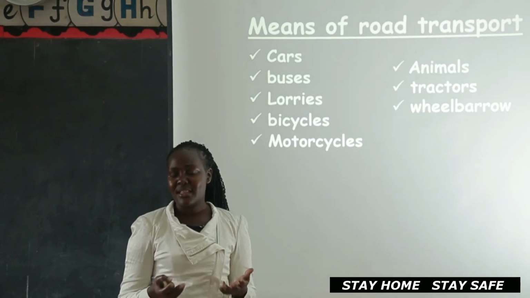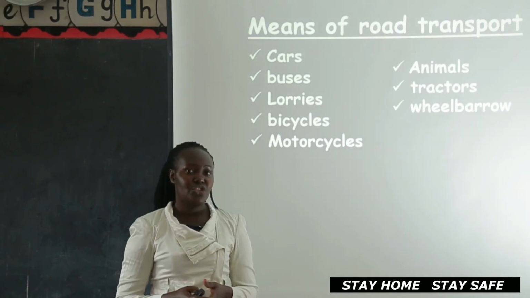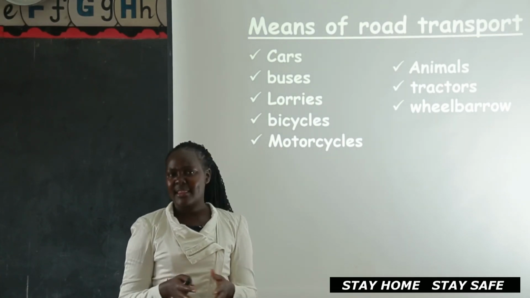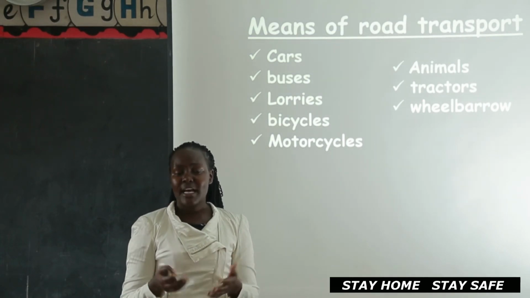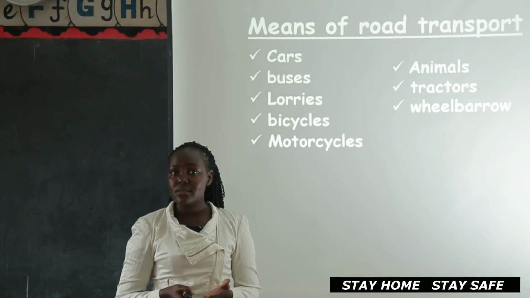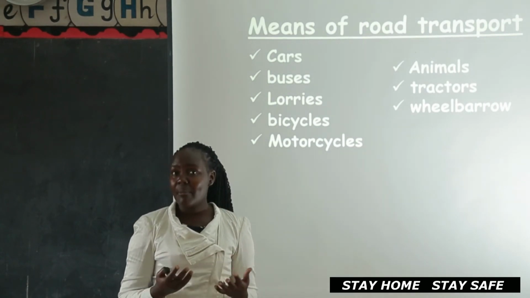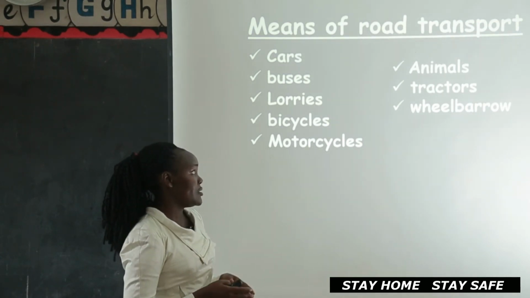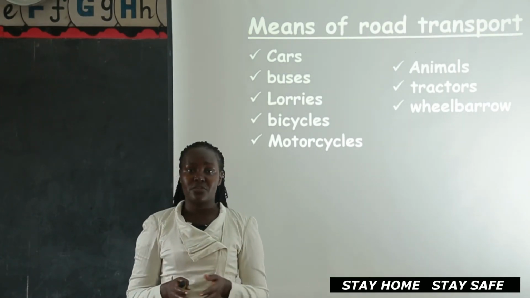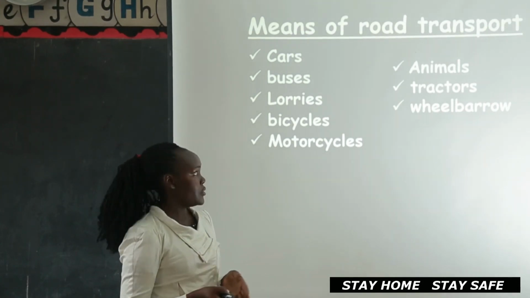You have always seen them physically, you have seen them on televisions, even in other ways. So such animals include the horses, we have the donkeys, we have the camels. There are certain countries that really do use these animals as means of transport. So they can also move on roads.